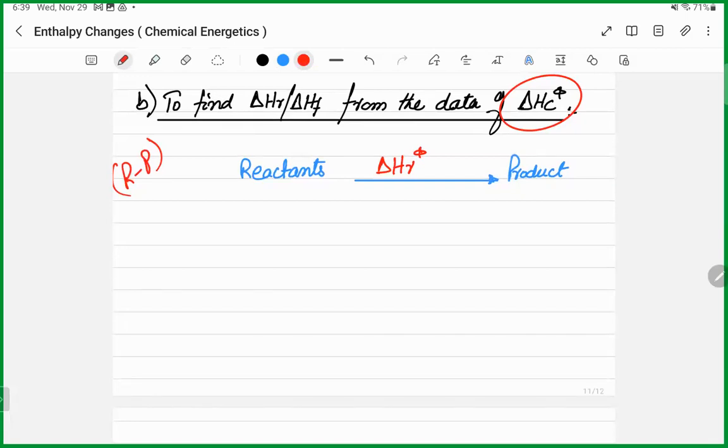So if you have a carbon on the reactant side in any form, after combustion, what should be the product? If you have a carbon on the product side in any other form, after combustion, what should be the product? Hydrogen on both sides, water. So it means that, can I say that the combustion product of reactant and product is same?